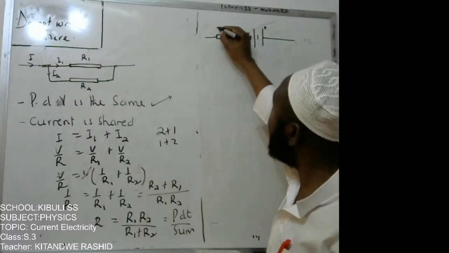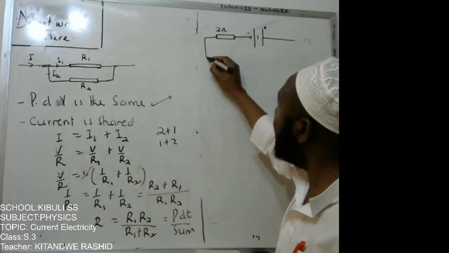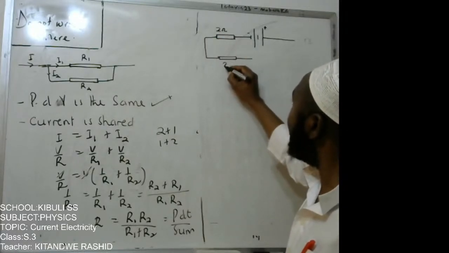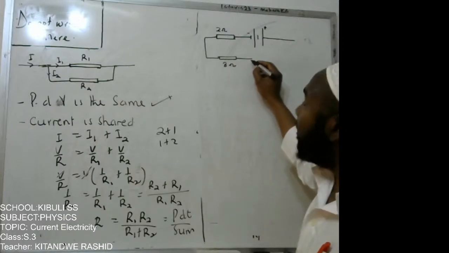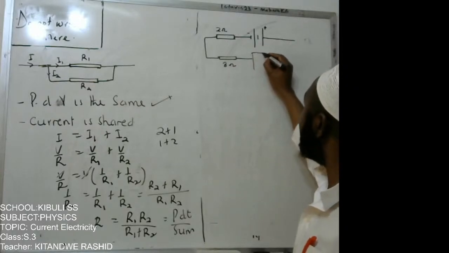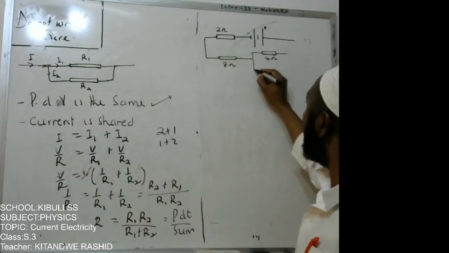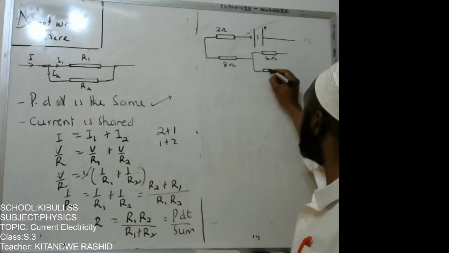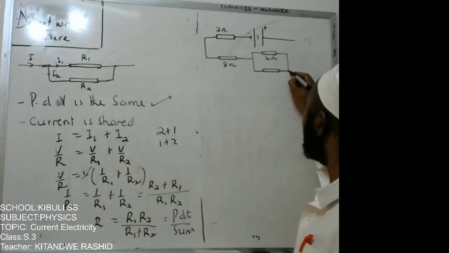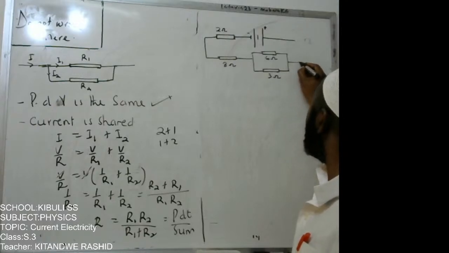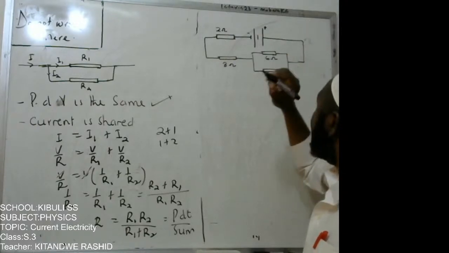So this resistor is 2 ohm. This one is 8 ohm. This is 6 ohm. And then this one is 3 ohm. So that is the circuit arrangement.